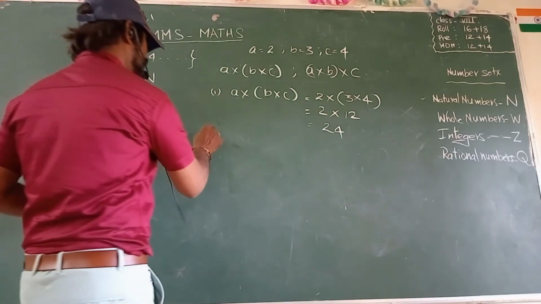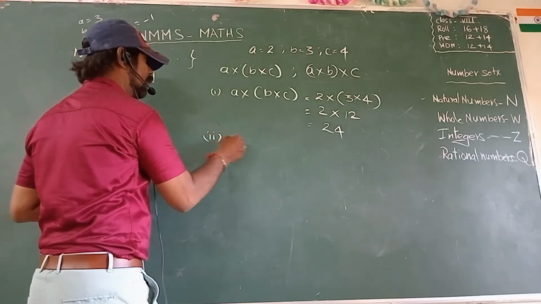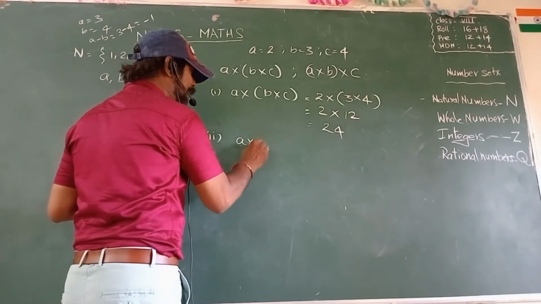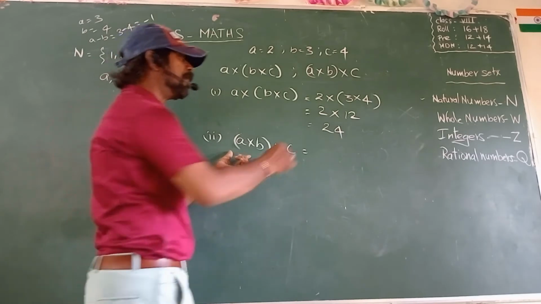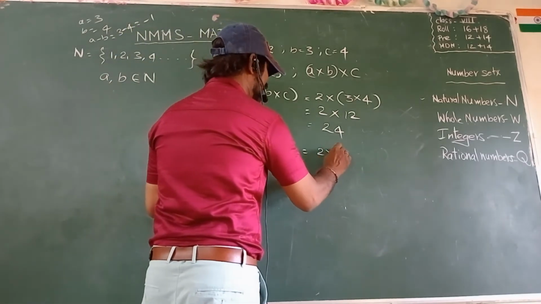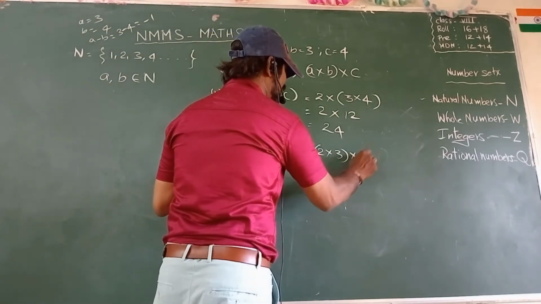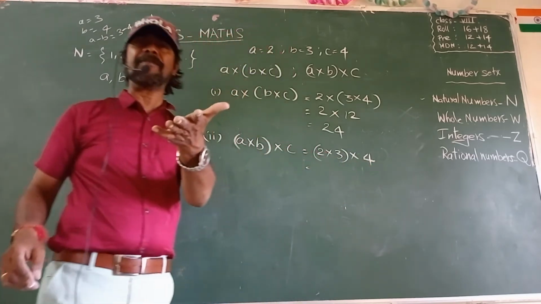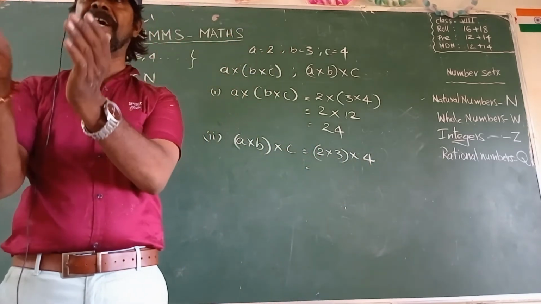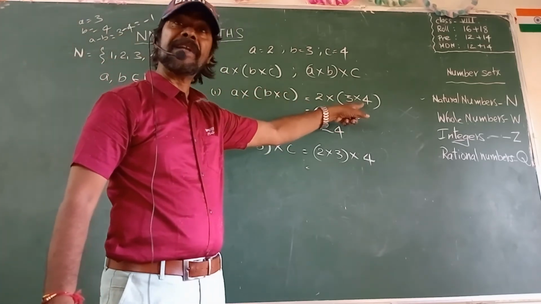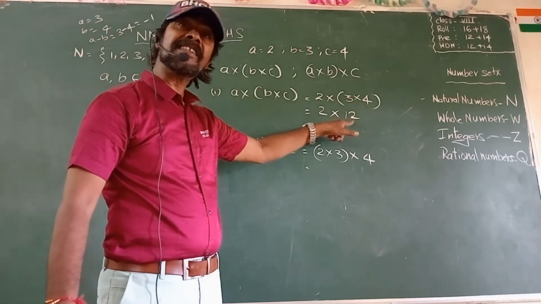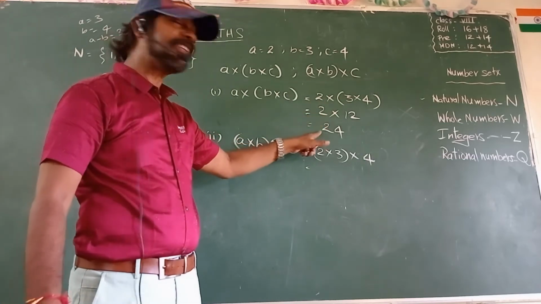Next one. A into B into C, 2 into 3 into 4. We are using the same numbers 2, 3, 4, but we are performing in a different way. Here 3 and 4 multiplied, get the answer, multiplied with A, we get 24.